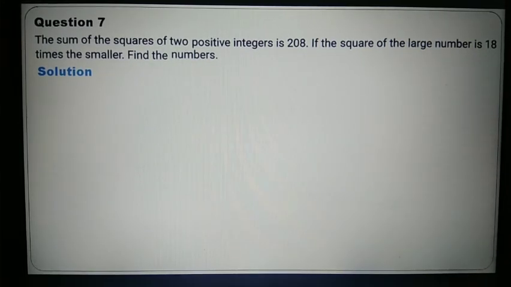Okay, so there are two numbers and the square of the larger is equal to 18 times the smaller one. Okay, so that's why I'm going to take the numbers to be x and y here. Okay, and I'll try to arrange those two numbers x and y in this way.